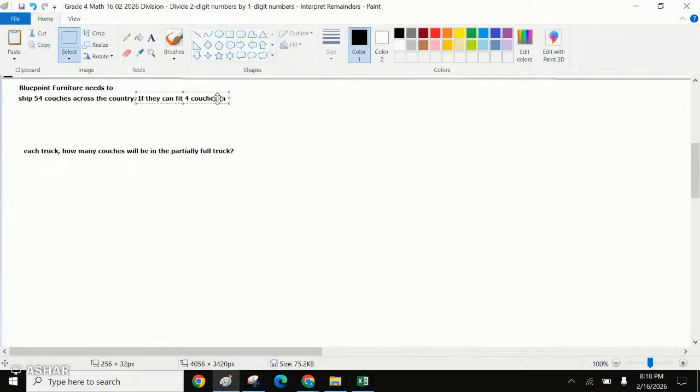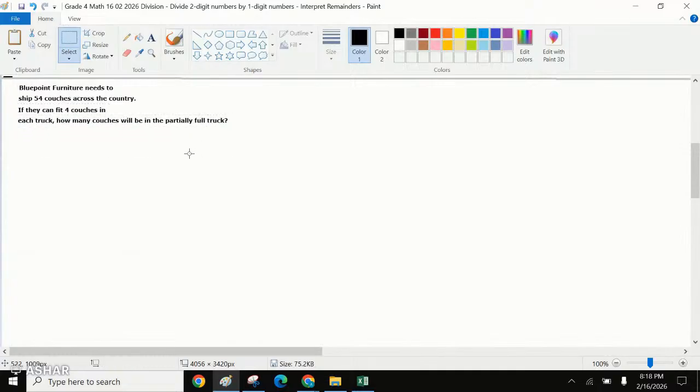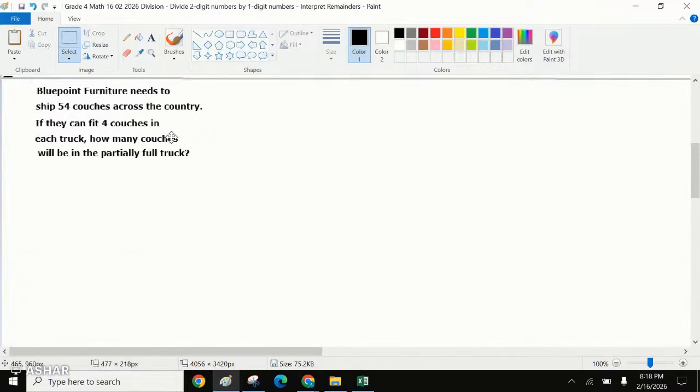If they can fit 4 couches in each truck, how many couches will be in a partially full truck? This is our question number 7. If a company needs to ship 54 couches across the country, one truck can fit 4 couches.